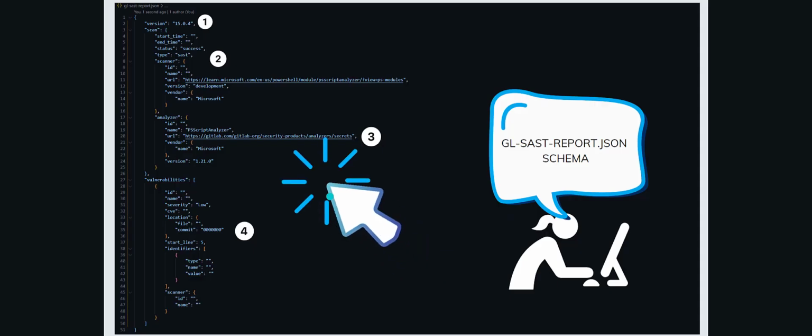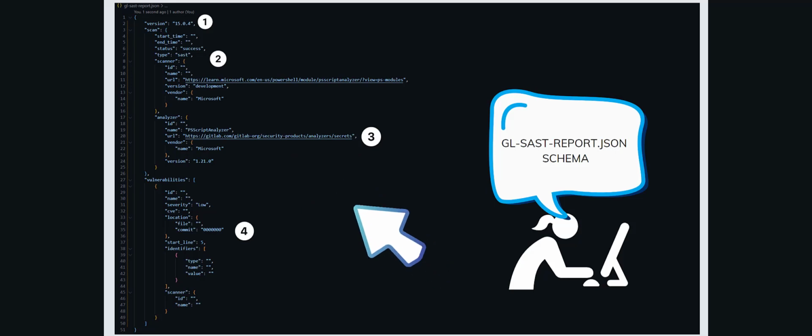That's the base requirement. What you see here now is the schema for the SAST report. All I need to ensure is I have the version, scan, vulnerabilities, and analyzer keys. Vulnerabilities is an array of objects where you should have a set of ID, name, severity, locations and so on.